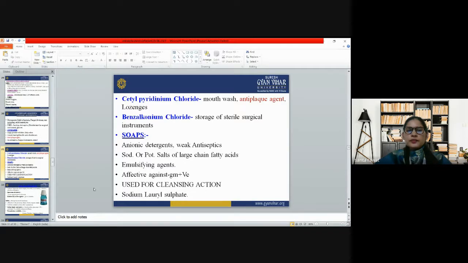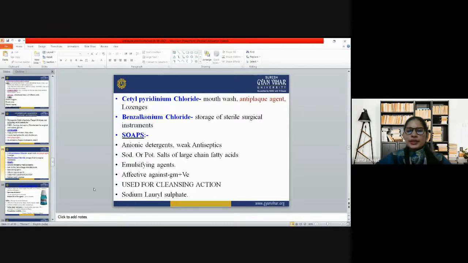Now, cetylpyridinium chloride is used in mouthwash, as an anti-plaque agent, and in lozenges. Next we have benzalkonium chloride, which is used to sterilize surgical instruments. So we can sterilize the surgical instrument with benzalkonium chloride.